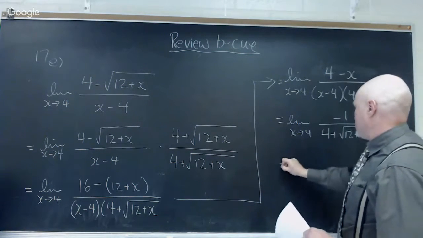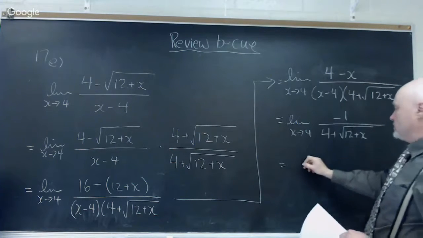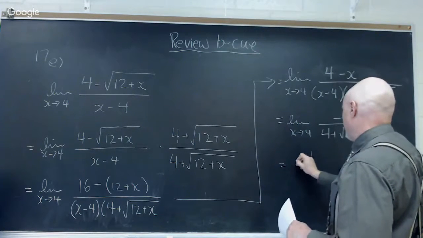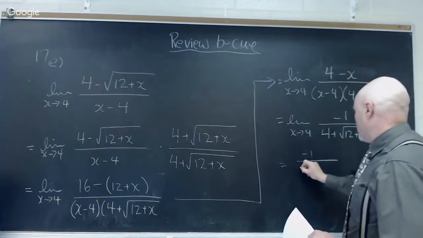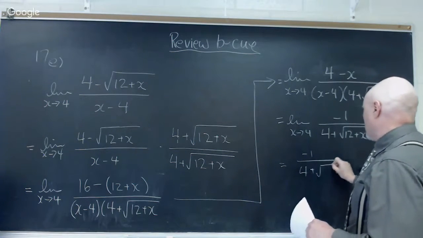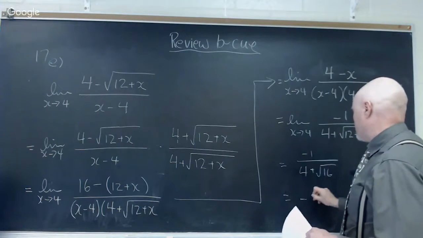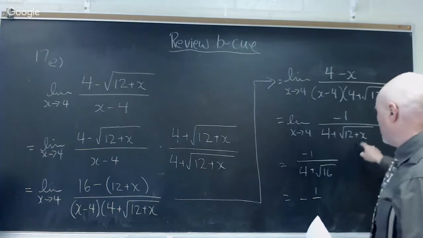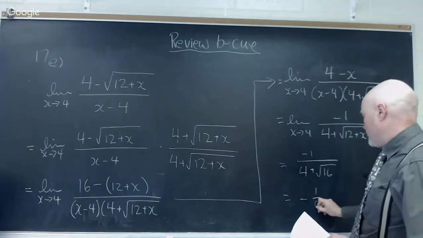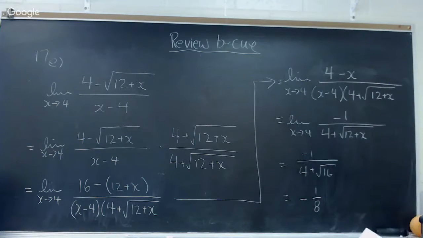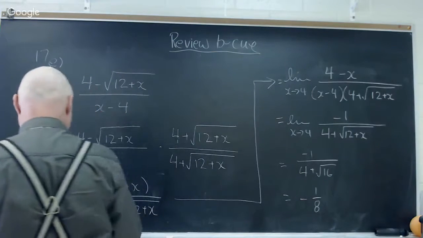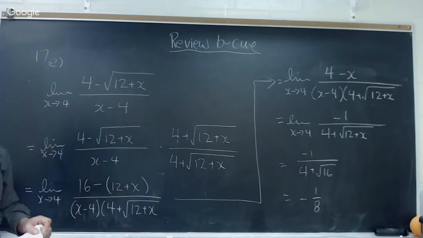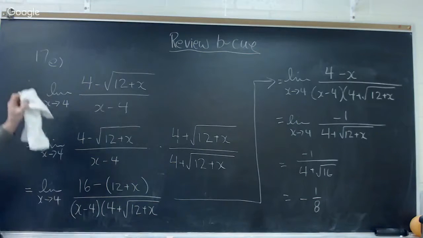And look at that. I can do this. I can substitute this limit in, and the whole expression does not vanish into a black hole somewhere. So this is negative 1 over 4 plus 4, 8. Hope that's the right answer. There we go. Once again, just relaxing, multiplying by the conjugate. Everything turns out all right.